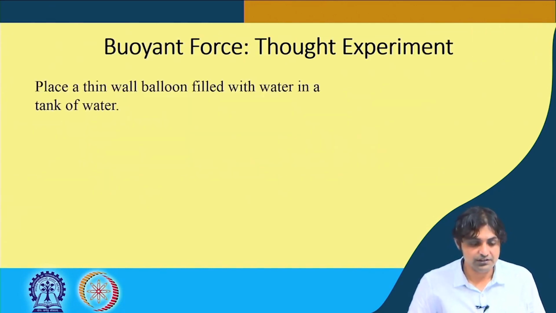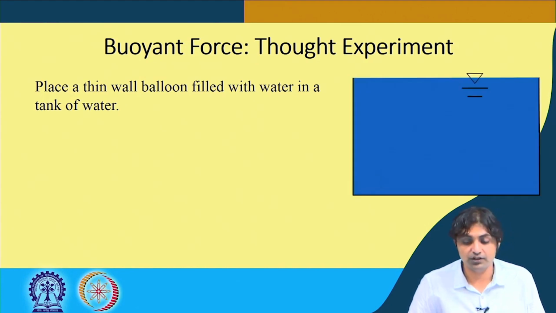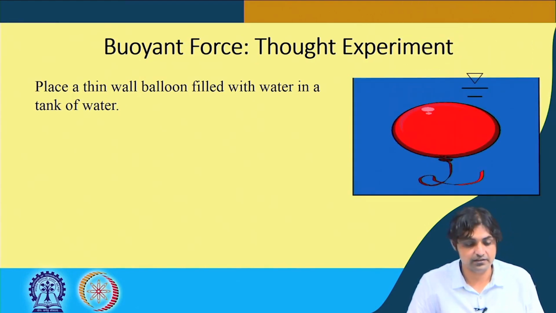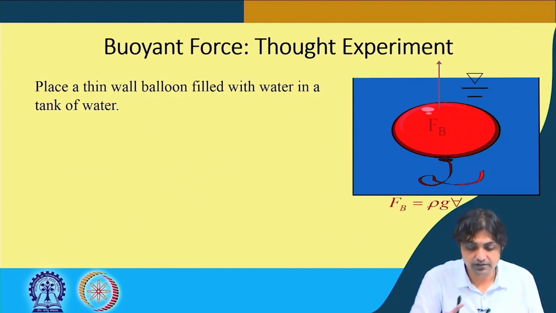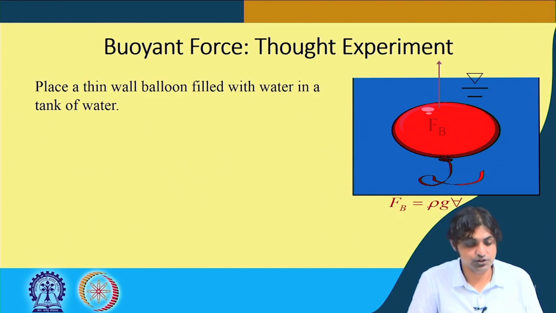If you try to do an experiment, you place a thin balloon filled with water in a tank of water. So this is the balloon, filled with water, and placed in a tank of water. The buoyancy force we call rho GV.